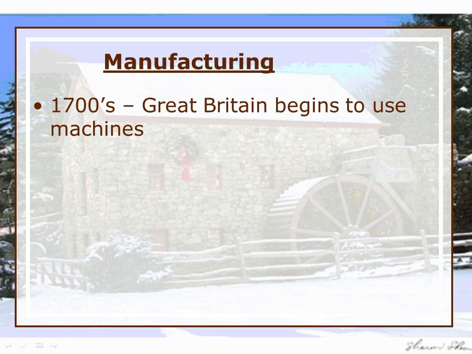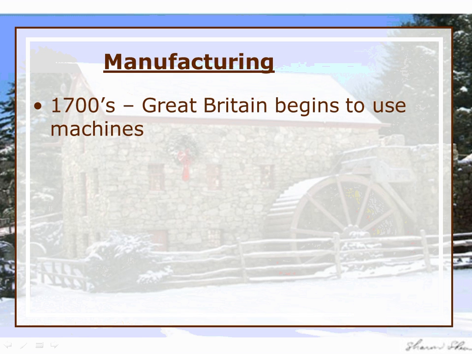Why do everything by hand when you can develop machines to do it for you? Now, we're not talking about robots. We're not even talking about electrical machines or gas-driven machines. They're powered by something else.